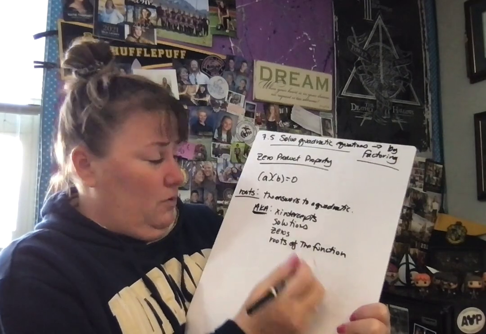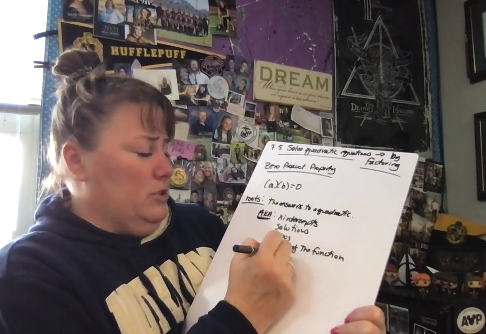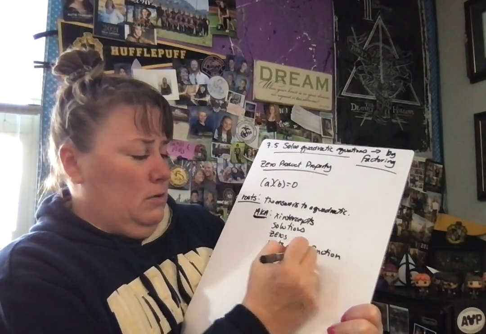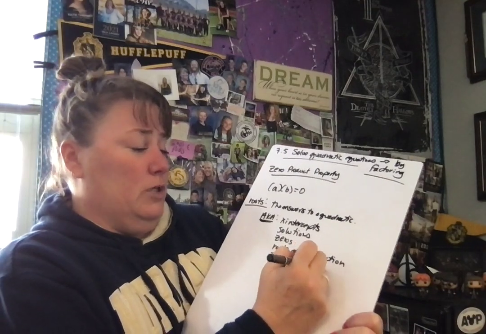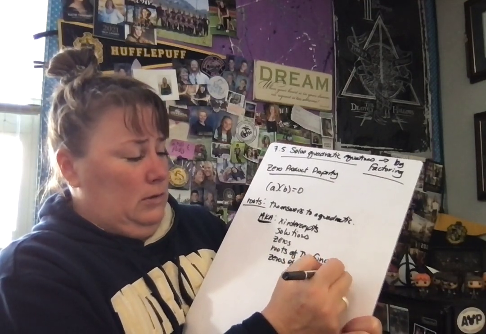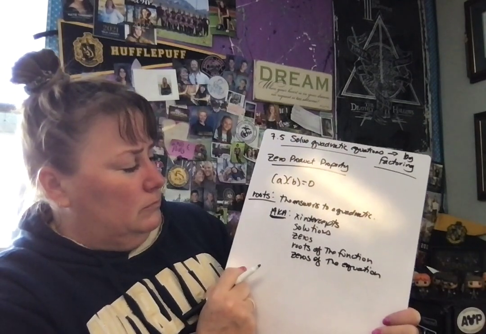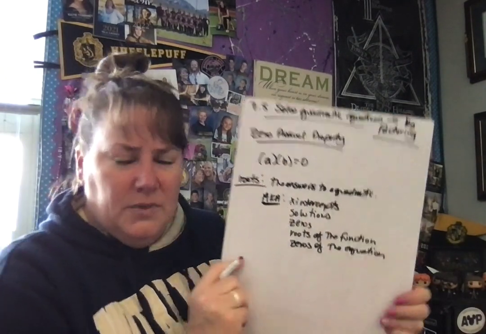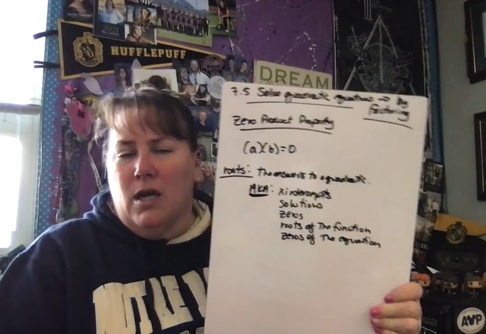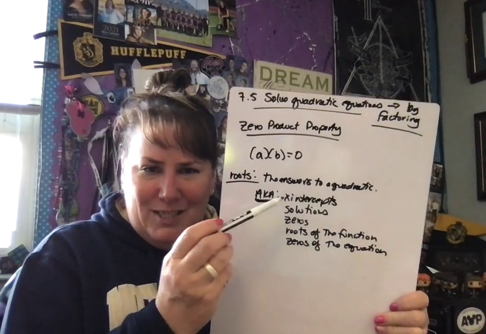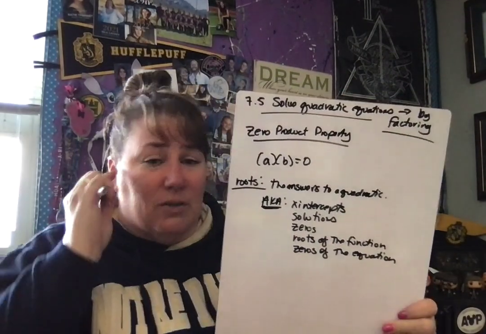You can have zeros of the equation. Yeah, I think that's all of them. But a lot of different ways of saying the same thing. What you'll hear me say in class most of the time is x-intercepts or roots or zeros.